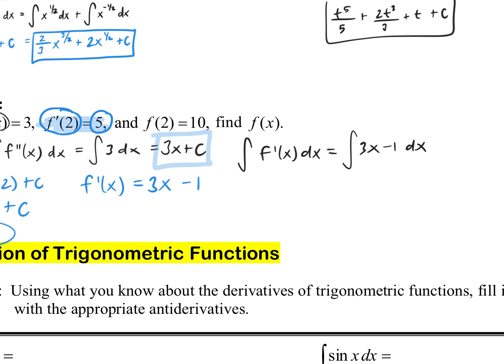If I integrate 3x minus 1, I would have 3x to the second divided by 2 minus x plus c. So when I integrate f prime of x, this is actually equal to f of x.